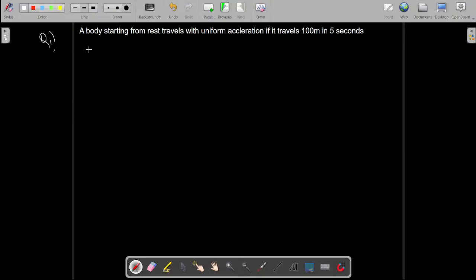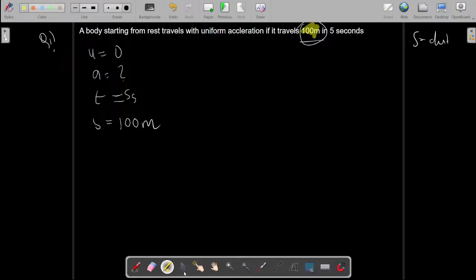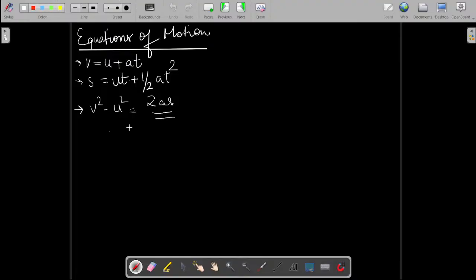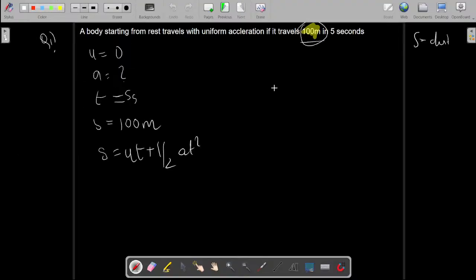Initial velocity u is equal to 0. A is not given. T is 5 seconds, and S is 100 meter. S is distance. So that is all that is given. So we have an equation, S is equal to UT plus half AT square. We have to use that equation here. There are many equations, so we have to choose among them.